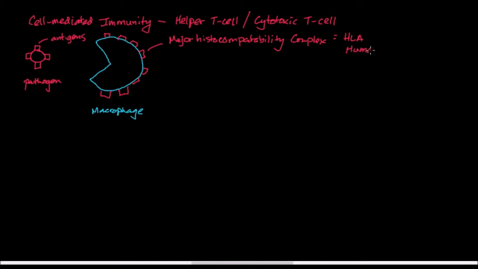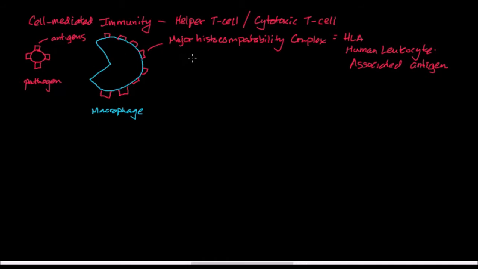Human leukocyte associated antigen. So when this macrophage eats this pathogen, again, it displays the antigens of that pathogen on its surface on a major histocompatibility complex called the human leukocyte-associated antigen.